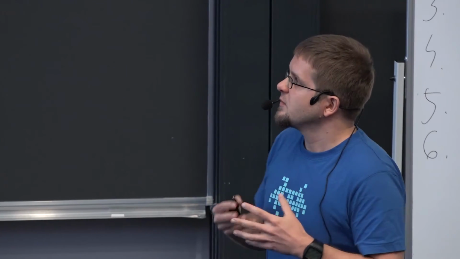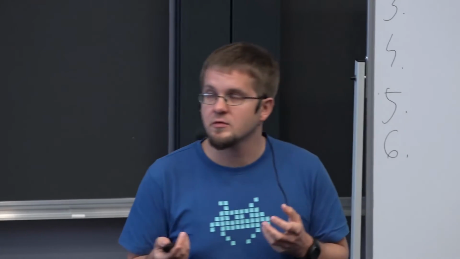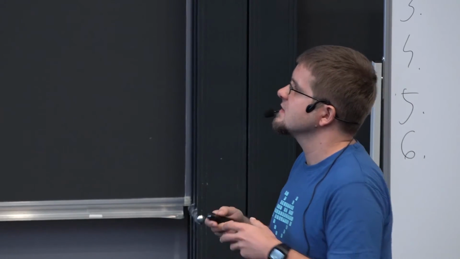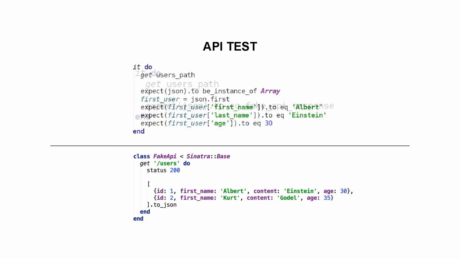In other words, we want to keep all expectations about our system in one place. And of course, the contract is the perfect place for that, right? It's the perfect candidate. So that's what I'm going to do right now. I'm going to remove this whole stuff from the API test because all required information is now in my contract API.